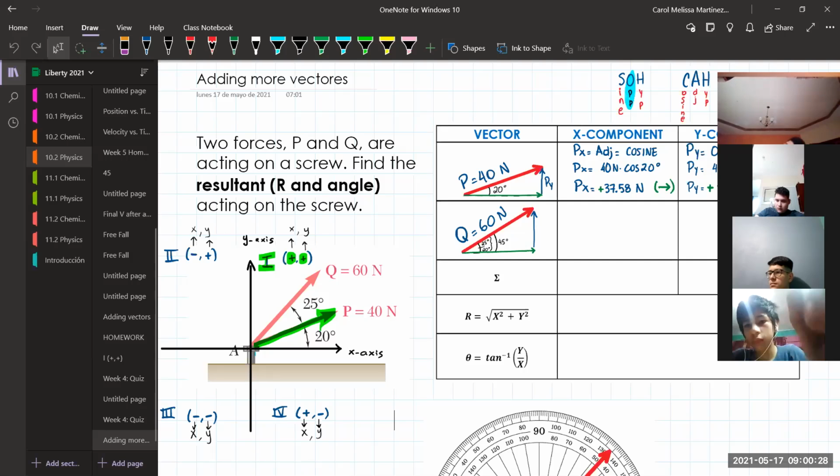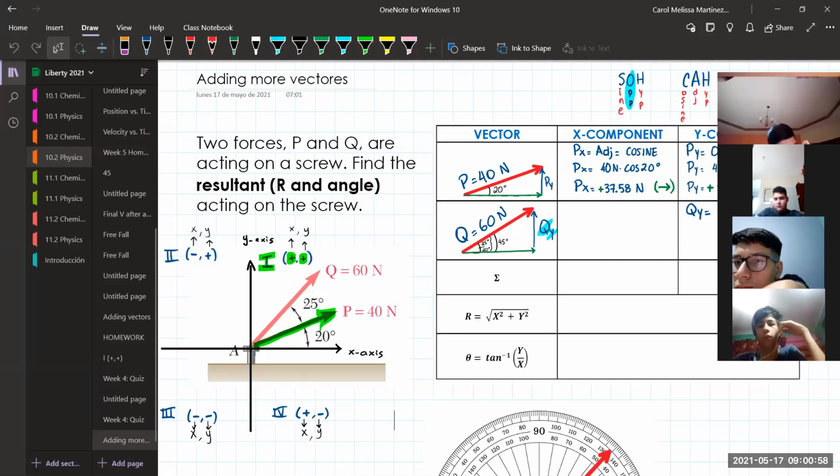Now, tell me, how is Qy according to my angle of 45? Is it opposite or is it adjacent? Opposite.